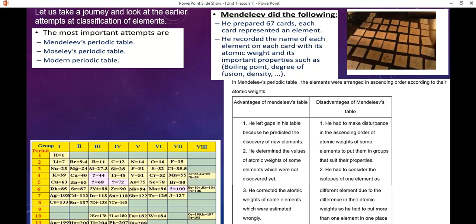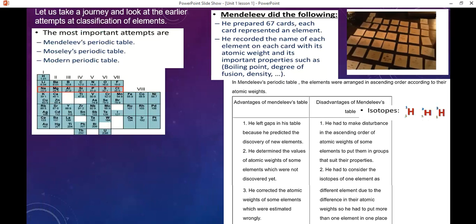Each has the same number of protons, but different atomic weight or atomic mass. So, the second disadvantage of Mendeleev periodic table is that he had to consider the isotopes of one element as different elements.